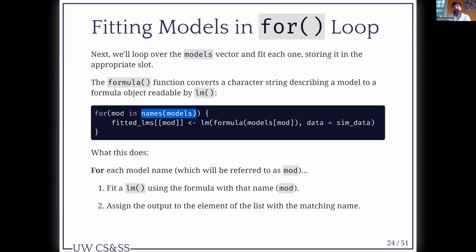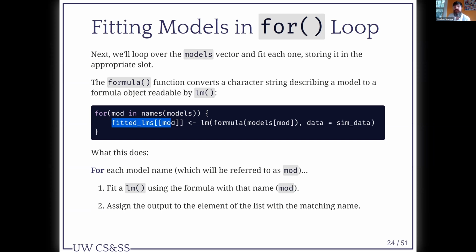So this means inside the loop for each iteration, mod will be replaced one at a time with each of the names of the models. So for the first iteration, mod is going to be the text intercept only. For the second iteration, it's going to be the text linear, then quadratic, and then cubic. Okay, so we can walk through this first iteration. This says, take fitted LMs, subset it to intercept only.